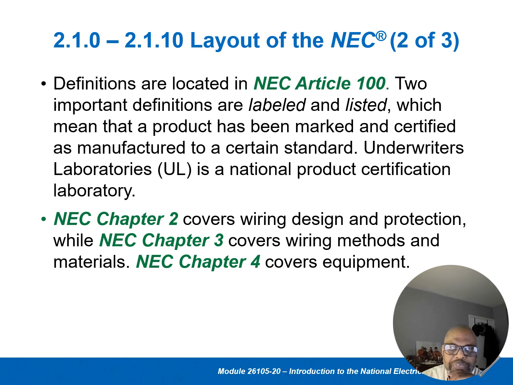NEC Chapter 2 covers wiring design and protection, while Chapter 3 covers wiring methods and materials. And Chapter 4 covers equipment. So if you're looking for things dealing with wiring design and protection, like fuses or breakers, look in Chapter 2.